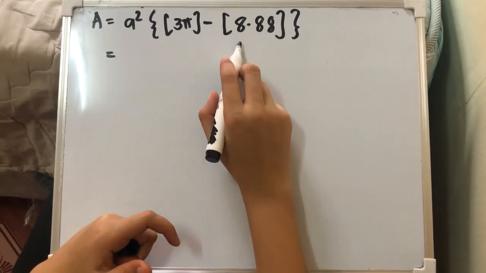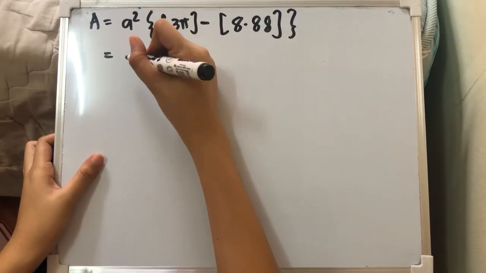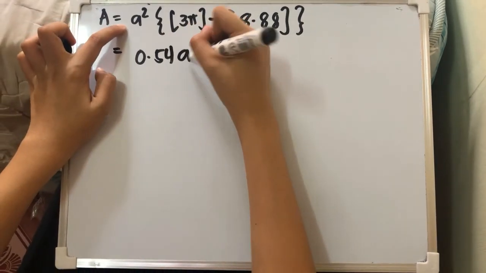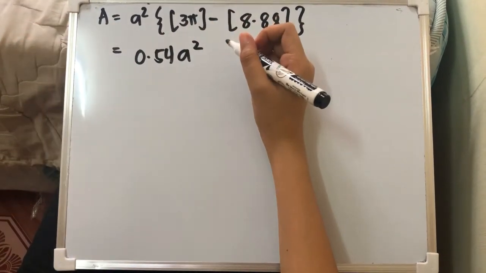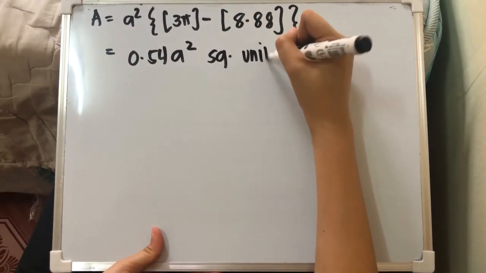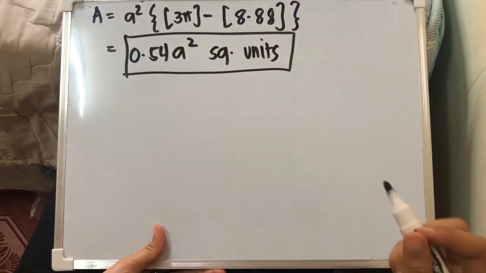So for this one, this is equivalent to 3 pi minus 8.88, that is equivalent to 0.54 times our a squared here. So we have 0.54 a squared square units. So this is now our final answer.